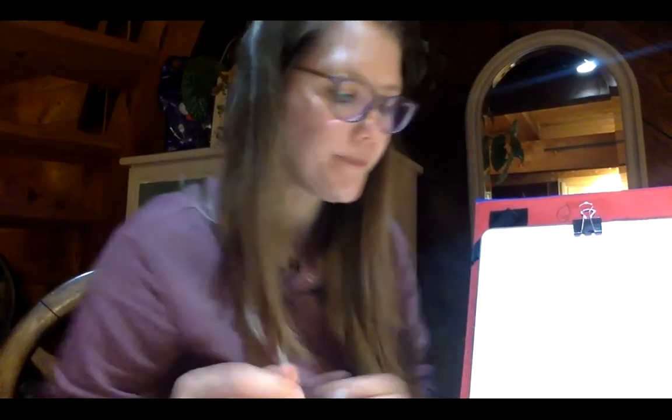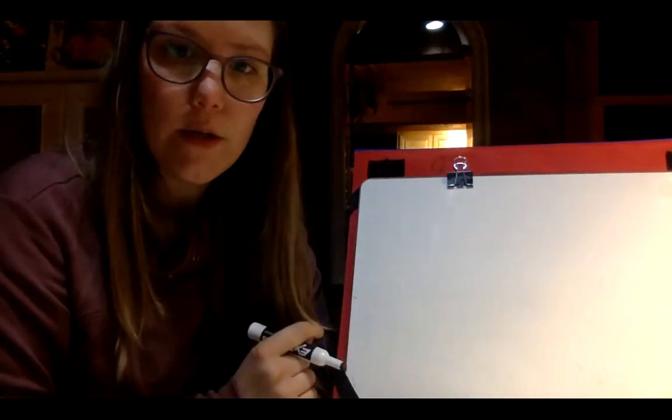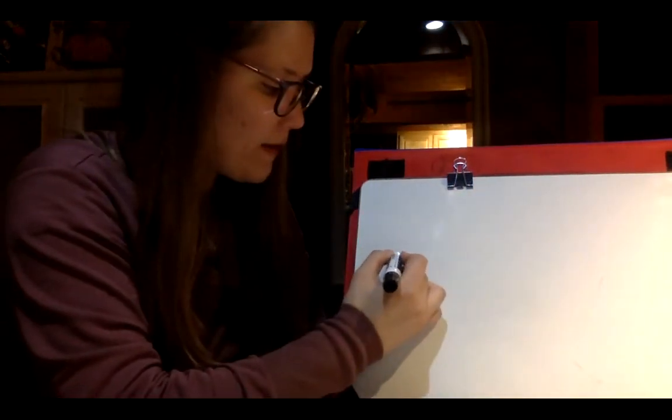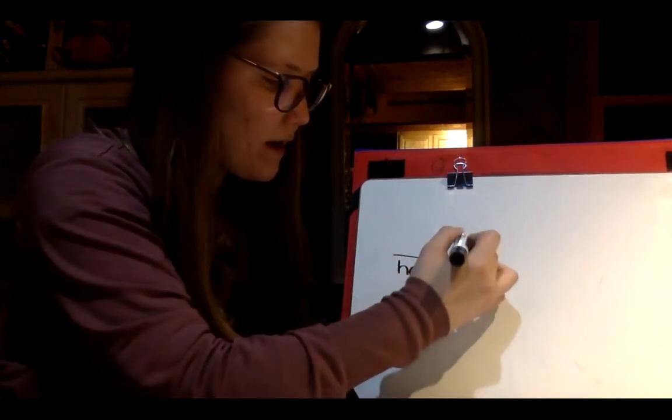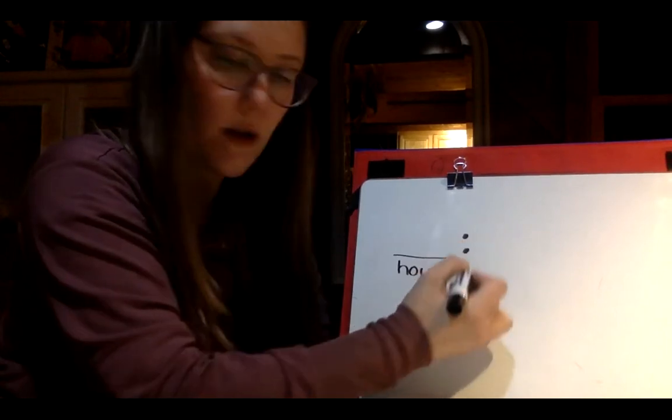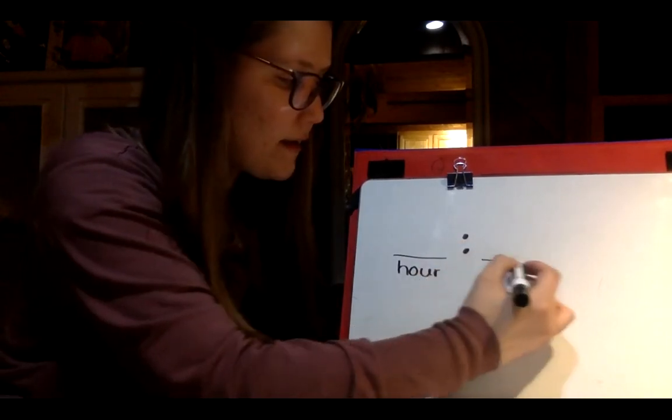All right, so let's practice writing time. Moby and Annie talked about how when you write time, you have the hour first, which is the shorter hand, a colon, which is 2 dots on top of each other, and then the minutes.